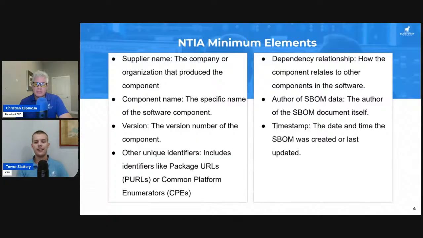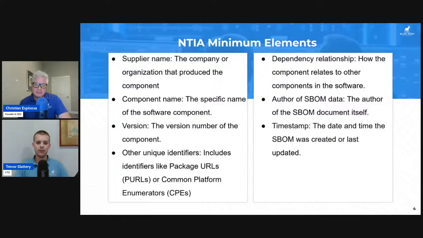Now, these are not NTIA minimum elements, hence why they are not listed here, but these are some additional controls or some additional component elements that the FDA wants to see to prove some further security within the system. And all this is supposed to be in machine readable format, which is often a challenge for some organizations.